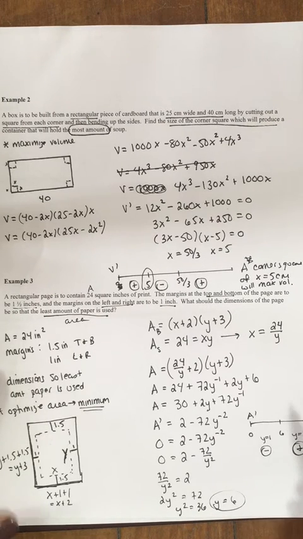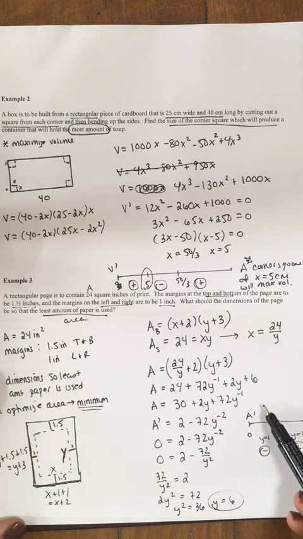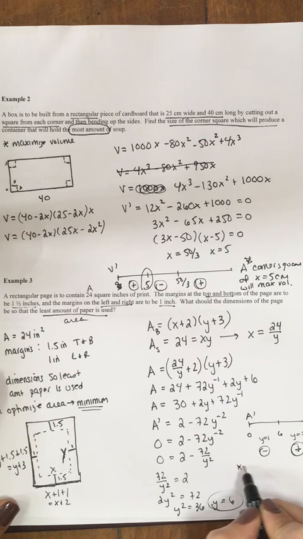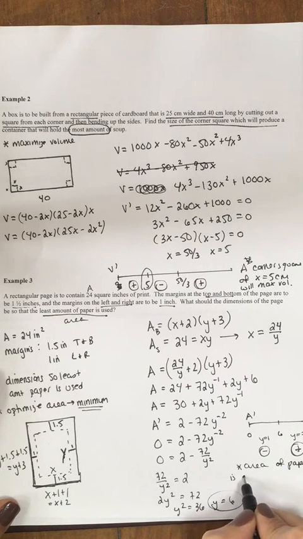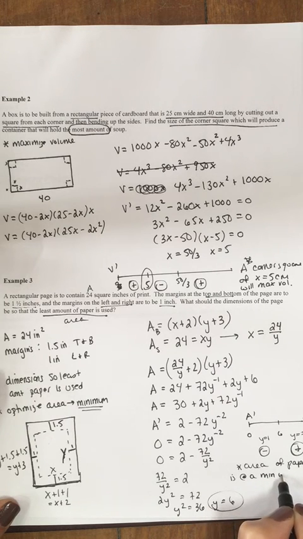So meaning the graph of the area function will go from decreasing to increasing at y equals 6, making this a minimum. So we can say area of paper is at a minimum when y is equal to 6.